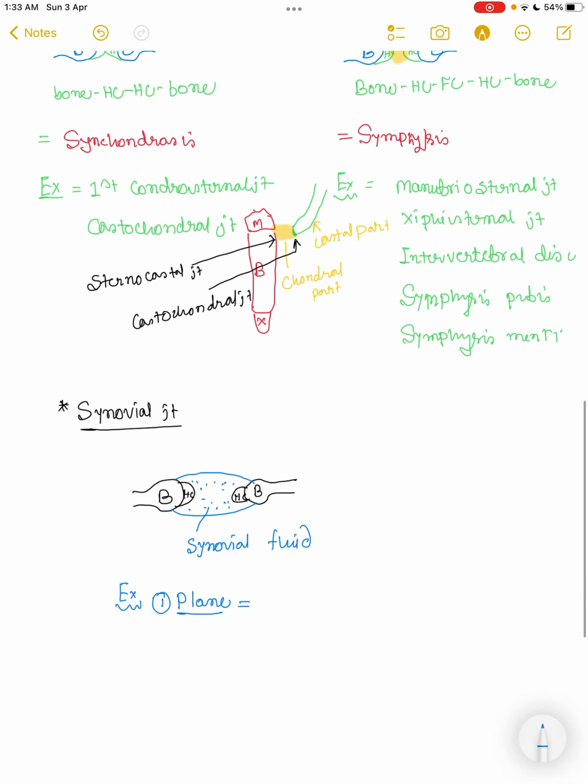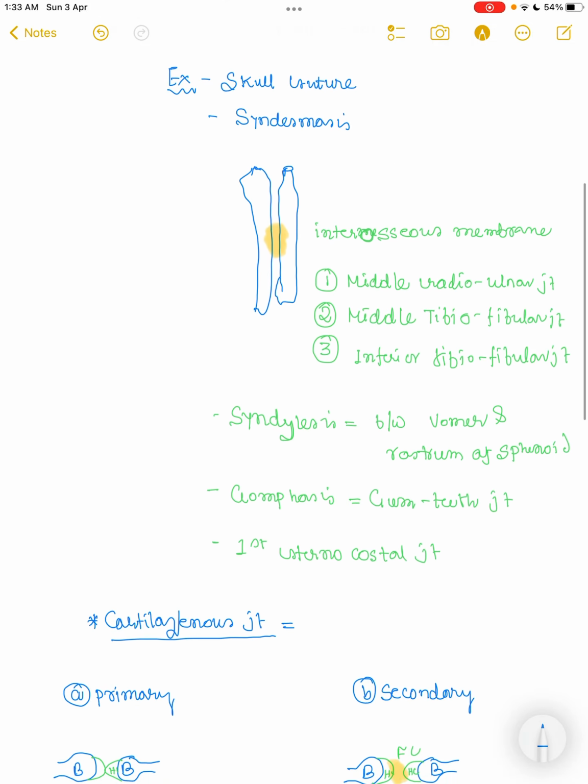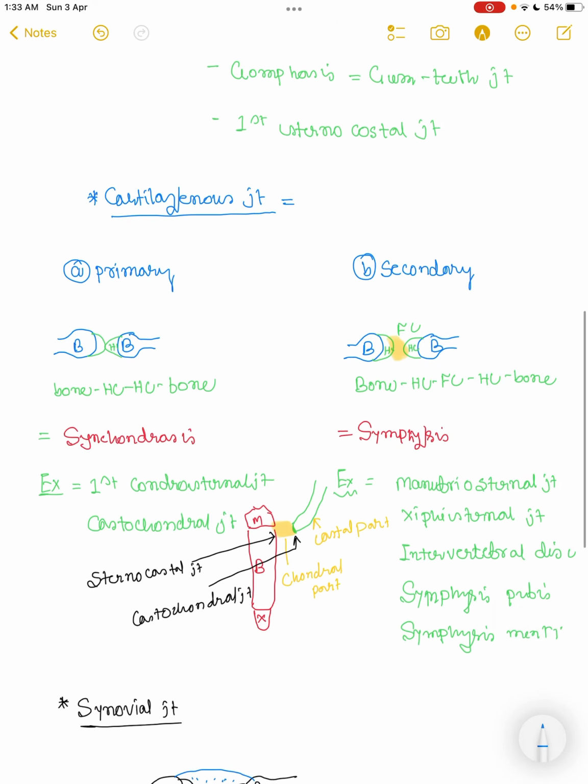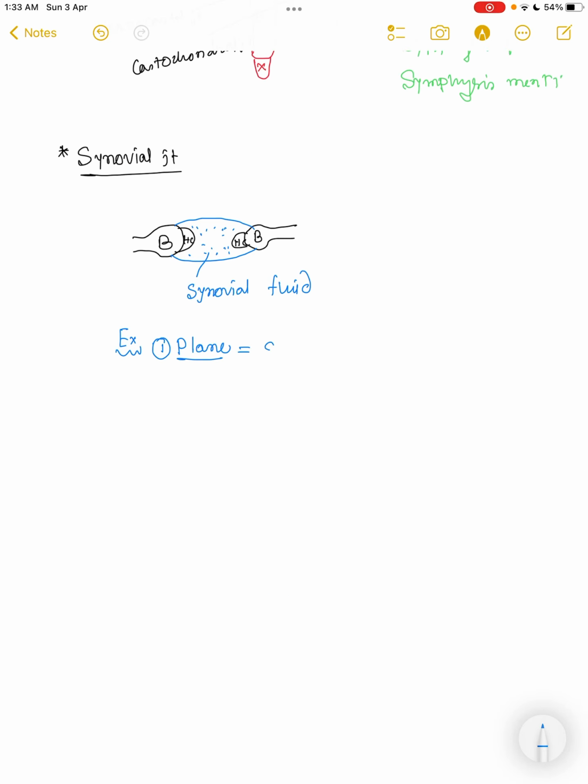Just I want to tell you that we have already found the middle tibiofibular and inferior tibiofibular, so the superior tibiofibular joint is left. So just add here the superior tibiofibular joint, and costovertebral, where the costal part is posteriorly attached to the vertebral body.